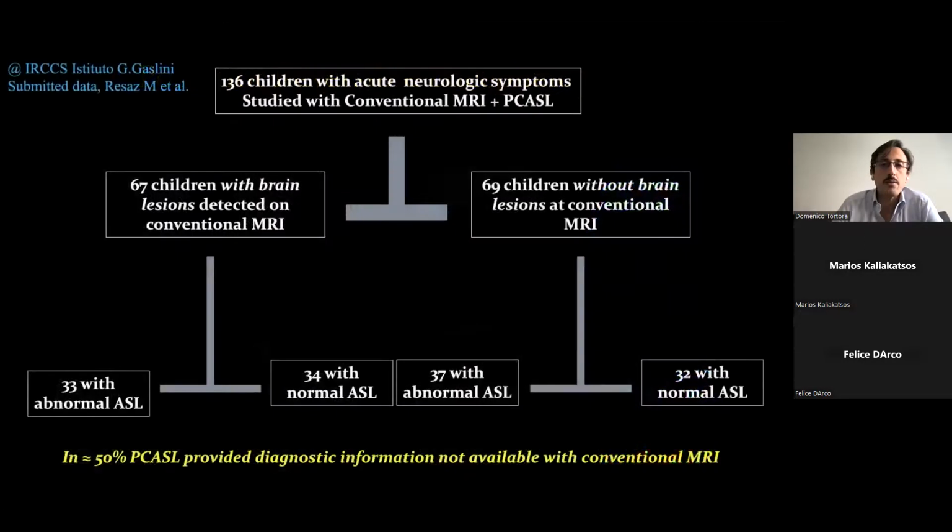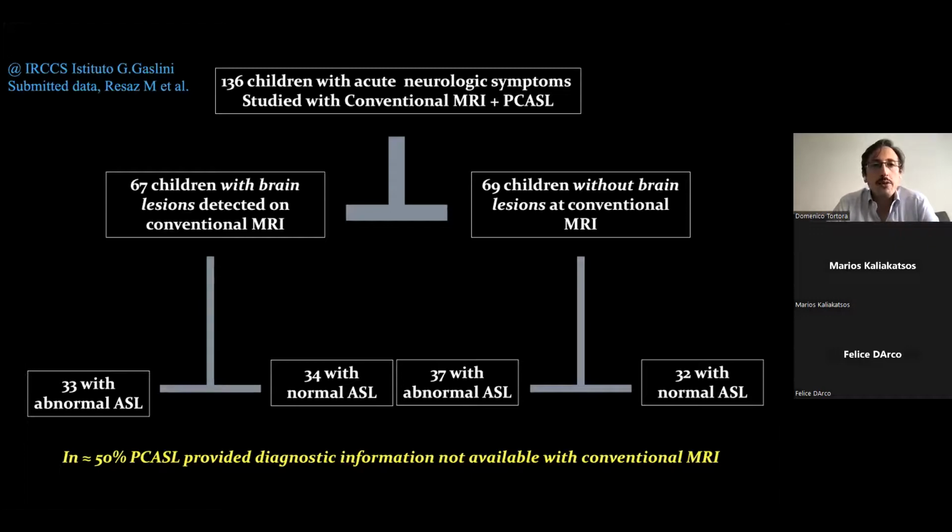Before closing this presentation, I would like to show you the results of this retrospective analysis we performed at Gaslini. We collected all patients with acute neurologic events presenting at the emergency room in the last 3 years.